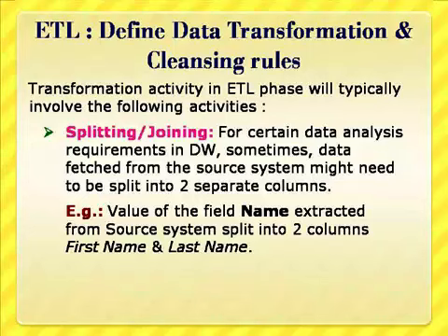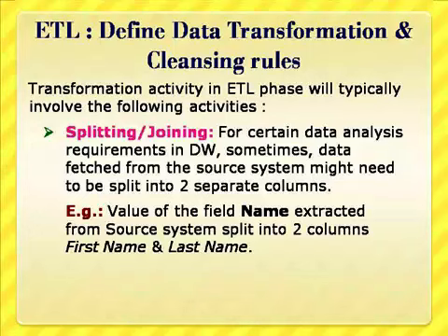The transformation activity in ETL phase will typically involve the following activities. The first activity is splitting or joining. For certain data analysis requirements in data warehouse, sometimes data fetched from the source system might need to be split into two separate columns.